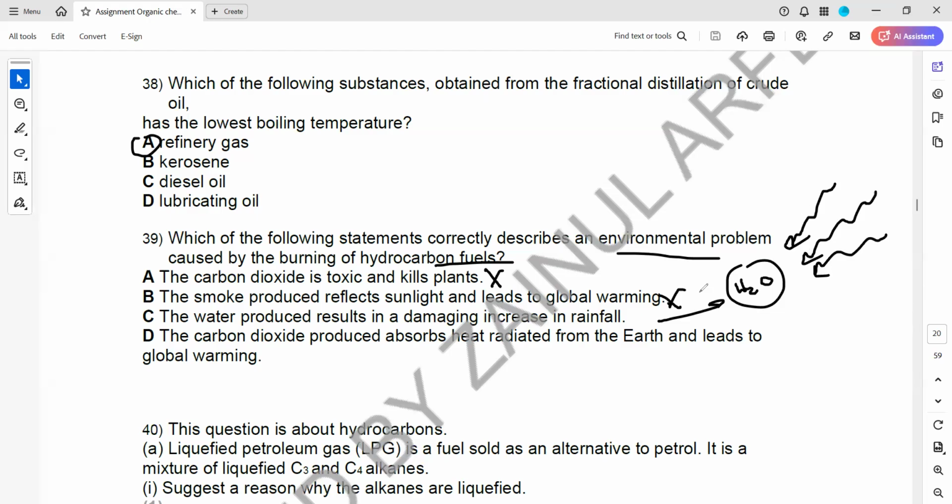So as a result, the average temperature increases. So that emission of water is also leading to global warming. The carbon dioxide produced absorbs the heat radiation from the earth and leads to global warming. So that's why it matches with option D.